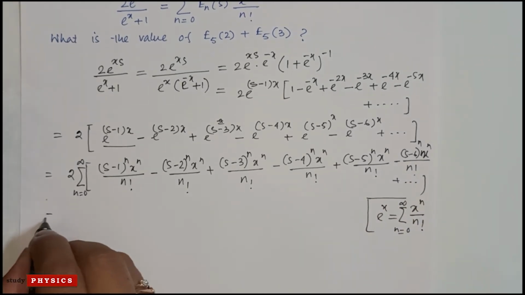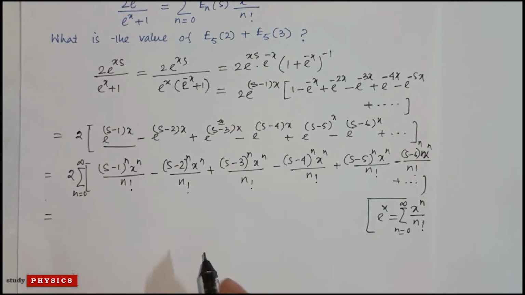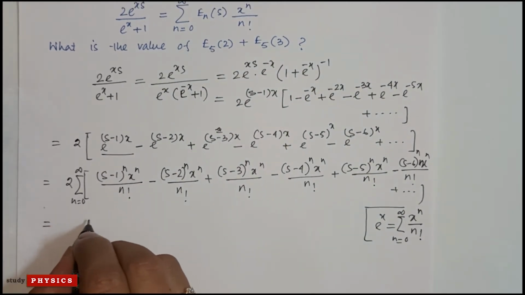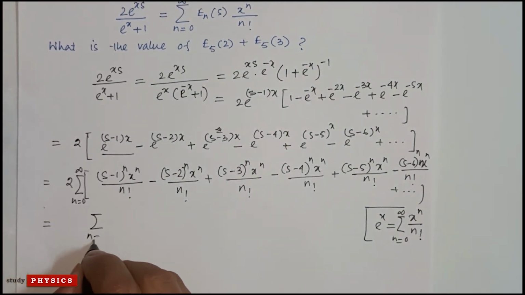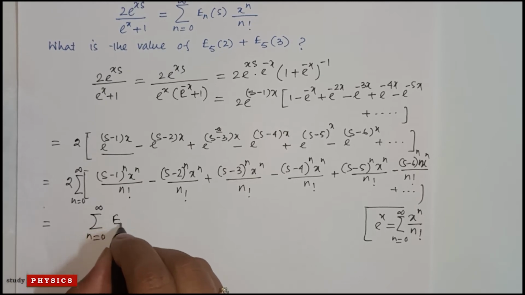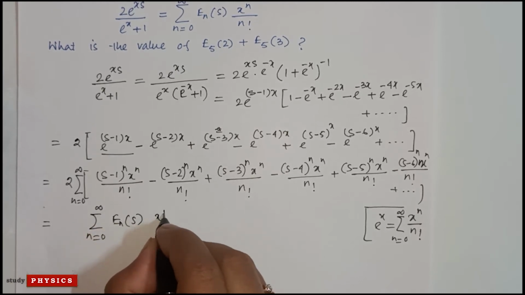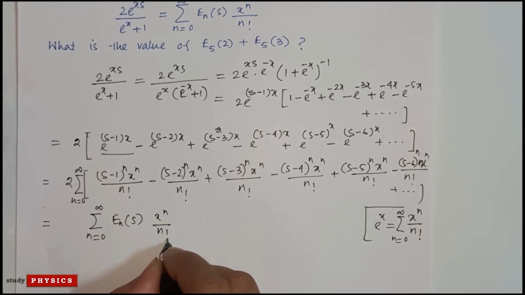So this is basically this, which is summation of n equal to 0 to infinity E(n, s) x to the power n over n factorial.